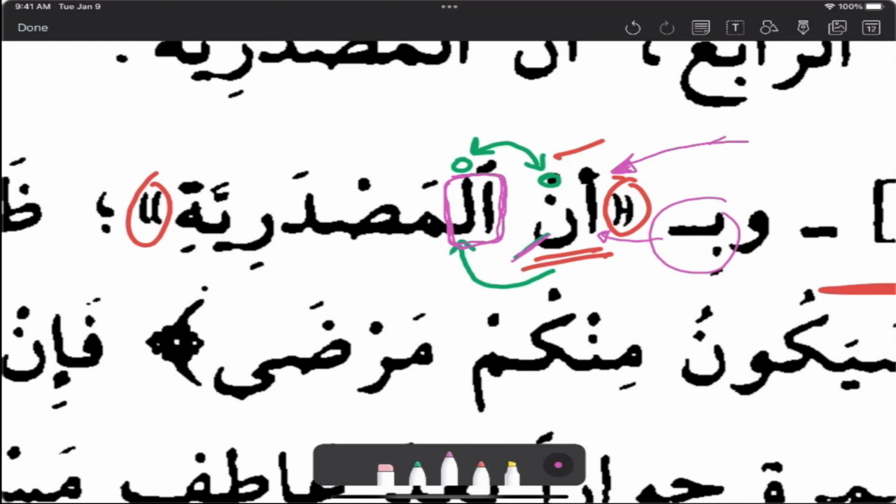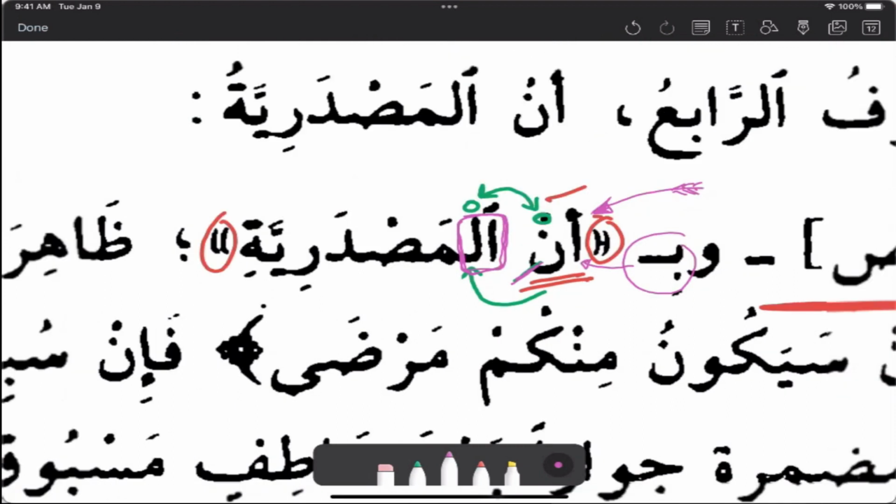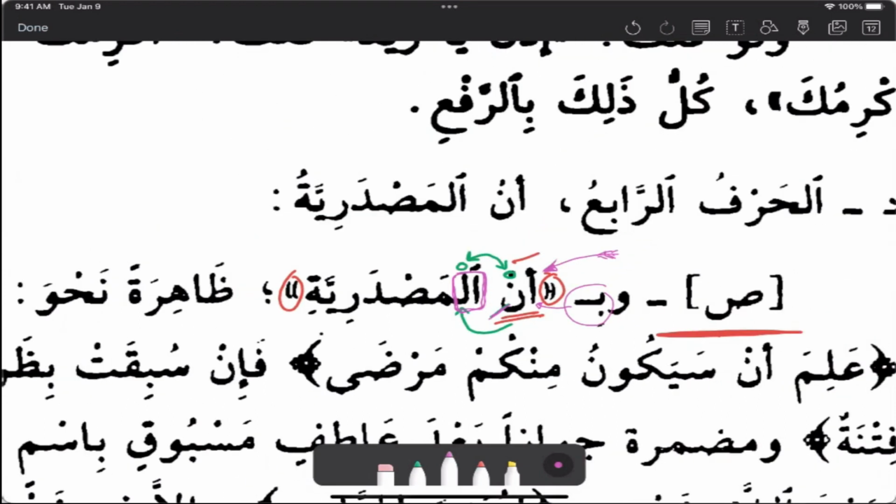Just make sure you're following the sentence structure: N al-masdariyah. It's just that N doesn't take L on the front. So if you have a question about that, feel free. If that's not clear, what is the point I'm making? The fi'l mudari' is made mansoob by N, the masdari N.